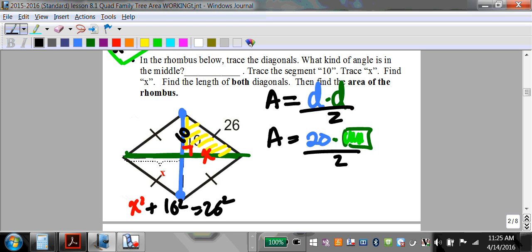George, what'd you get, buddy? X equals 24. Now, remember, that's not our blank there. What do we have to do to that 24 to get the whole diagonal? Thank you, sir. We got 48. And rather than do 20 times 48, because the key to multiplying is not multiplying, it's factoring.